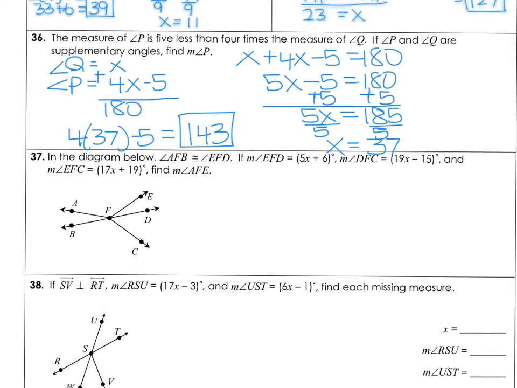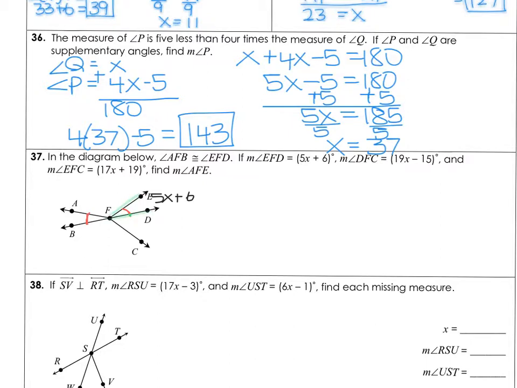Okay, this looks like a nice complex problem. It says AFB, so we're going to mark that. AFB is congruent to EFD. Right? EFD is 5x plus 6. DFC is 19x minus 15. EFC is 17x plus 9. Okay, so we have EFD, 5x plus 6. So let's make that green.